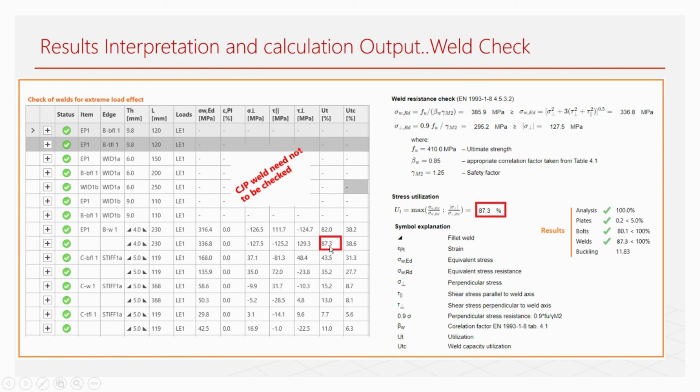You can see in our case it is 87.3, which is reported correctly, and this check is performed. All the clauses are reflected here while performing the weld check. You can see that in the detailed calculation report, all these checks are visible.